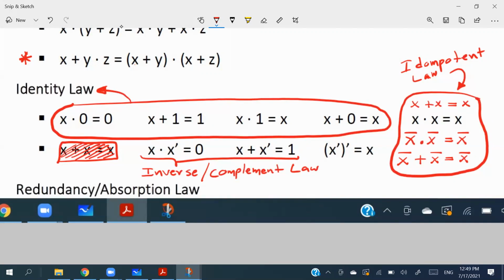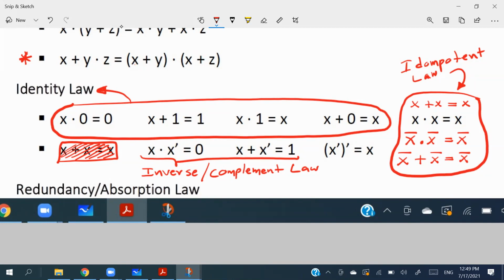Now what's going on with the inverse and the complement? Now it is talking about a variable doing the AND operation. The first law says the variable doing an AND operation with its complement. The complement of x is x bar.